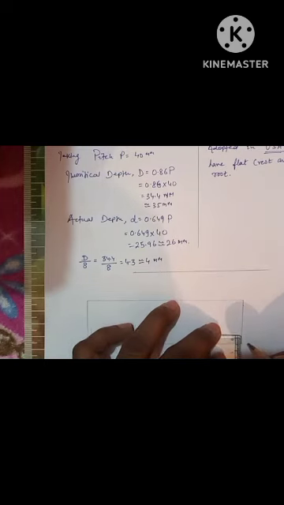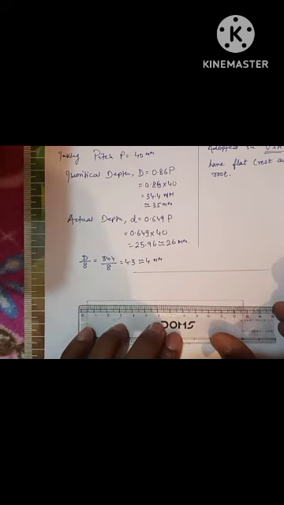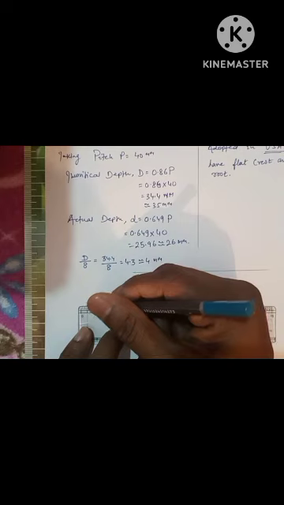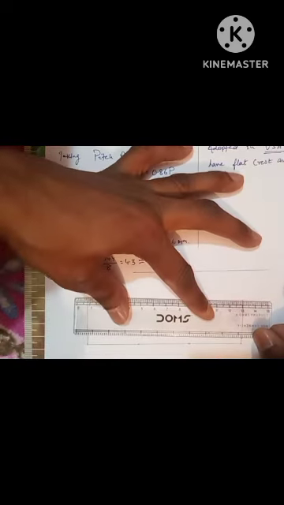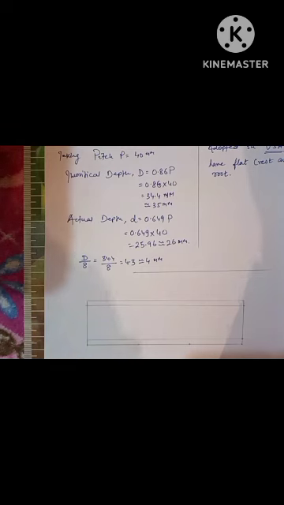Similarly from the bottom you have to take 4 mm. Now we will join the ends like this, similarly at the bottom, so this rectangle will represent 4 mm.